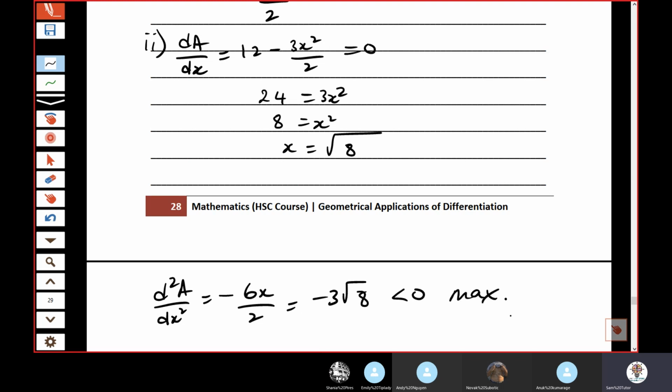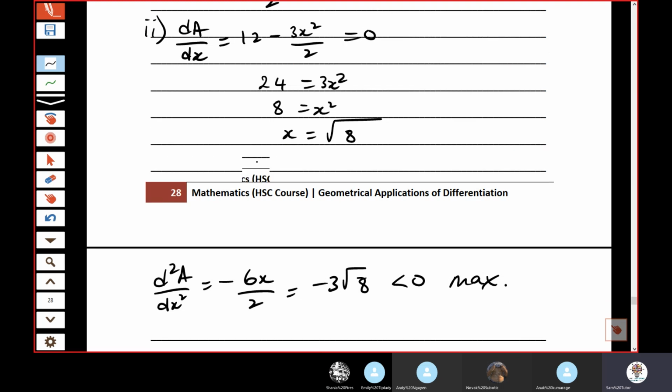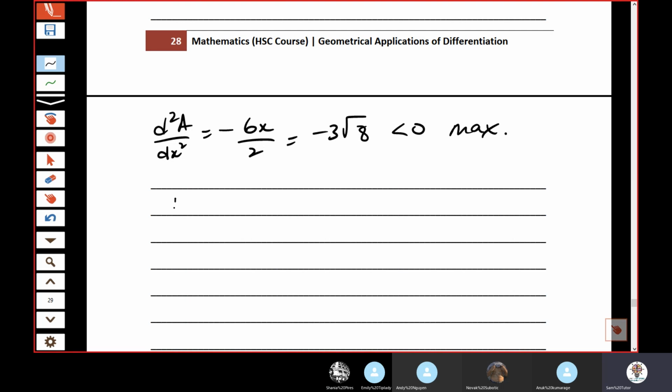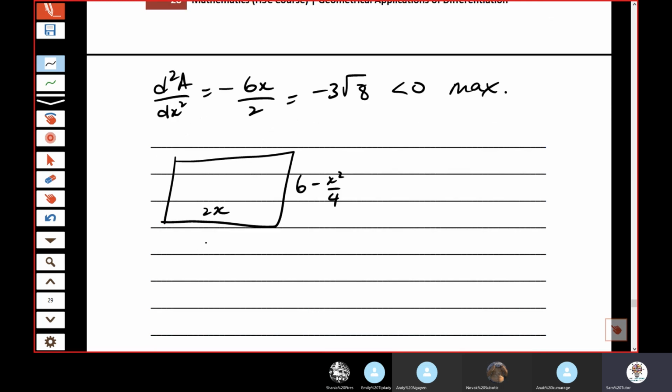But we're not done, because the question said to find the dimensions. So the dimensions are, I think we said 2x here, and this one was 6 minus x squared on 4. So the dimensions equal 2 root 8 and 6 minus root 8 squared, which is 8. 8 on 4 is 2.